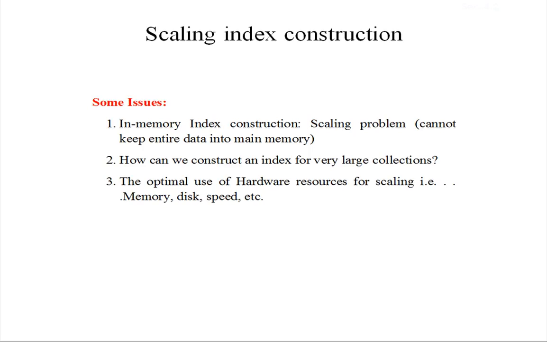Now the scaling issues in index construction. The main problem is the size of main memory.